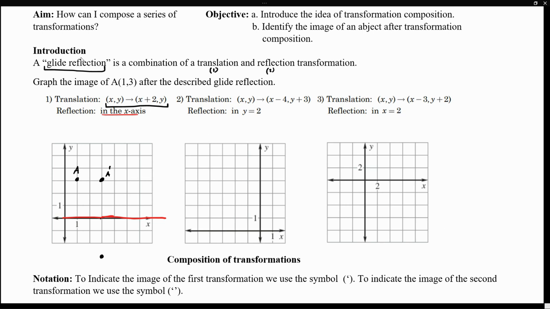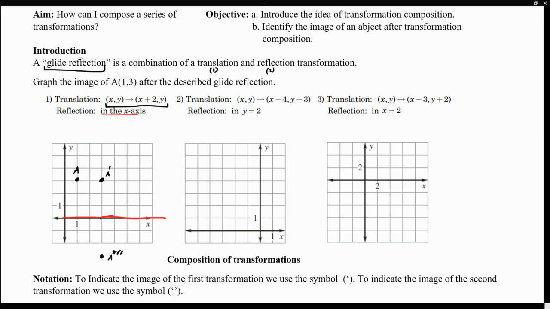But let's be careful with the notation now, because this point is the result of performing two transformations. Therefore, this point will be considered as A prime prime. It's not that clear there, so let me rewrite it one more time. Every prime put on top of a letter indicates how many transformations we have gone through.